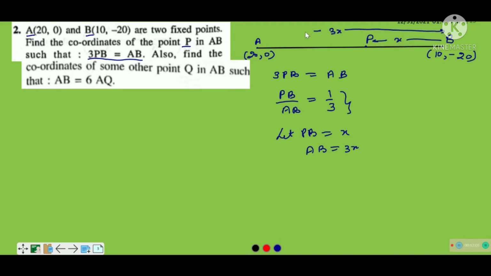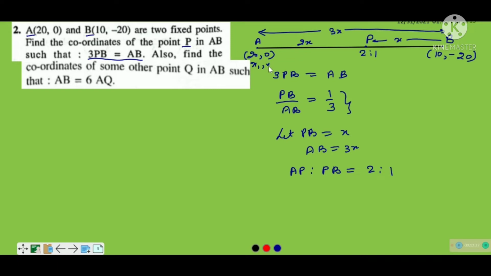Whole distance is 3x means the remaining is 2x. AP is 2x means AP ratio PB is 2:1. P is the point which divides the given line segment AB in the ratio 2:1. Now we can find the coordinates of P by applying section formula.